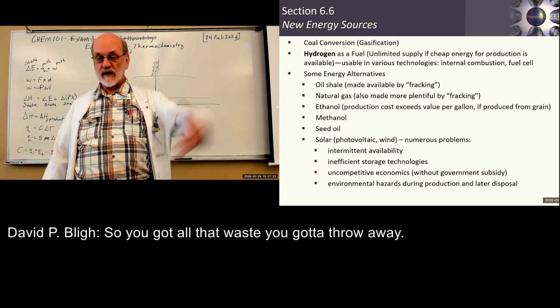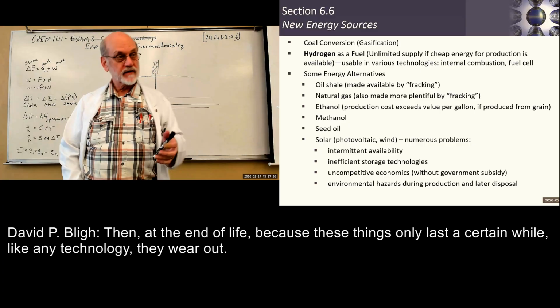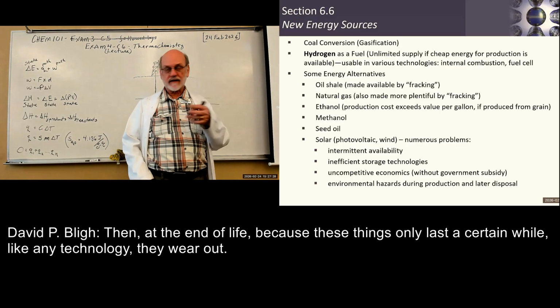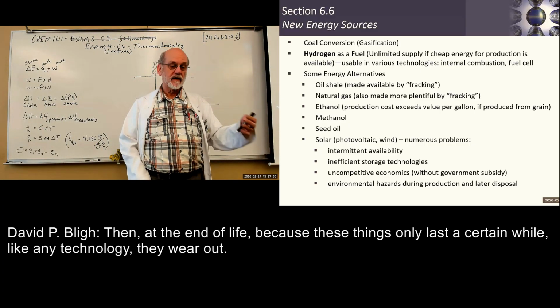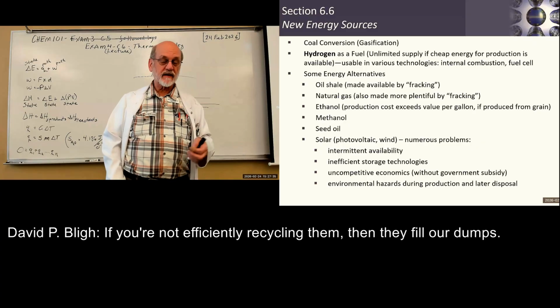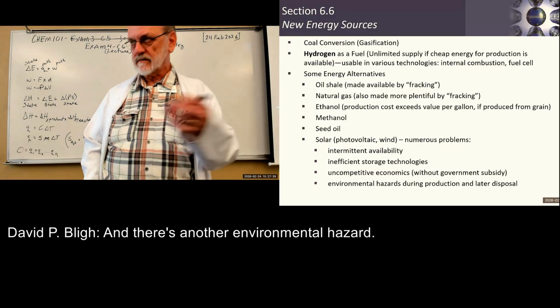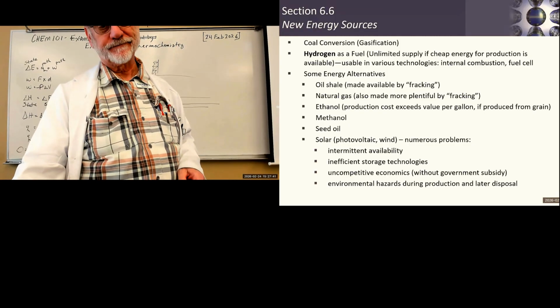So you've got all that waste you have to throw away. Then at the end of life, because these things only last a certain while, like any technology, they wear out. What do you do with them? If you're not efficiently recycling them, then they fill our dumps. And there's another environmental hazard.